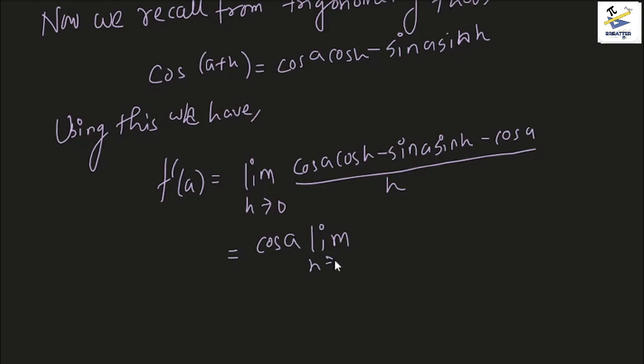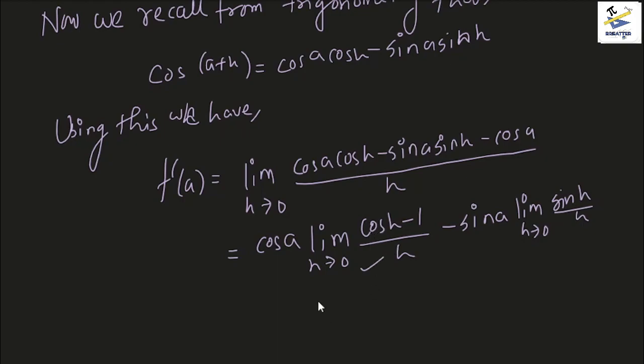Take cos of a common and we can write it as limit h tends to 0 of (cosine of h minus 1) by h, minus sin of a common, limit h tends to 0 of sin of h by h. As we know from the previous example, this limit is 0, so this is 0 minus sin of a into 1, because this limit is 1 as we have done in previous examples. So the answer becomes minus sin of a. Okay, so that's the derivative we were trying to find.